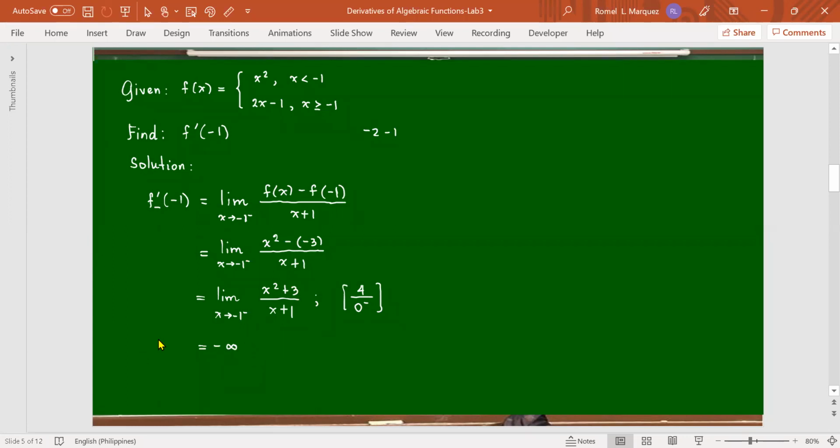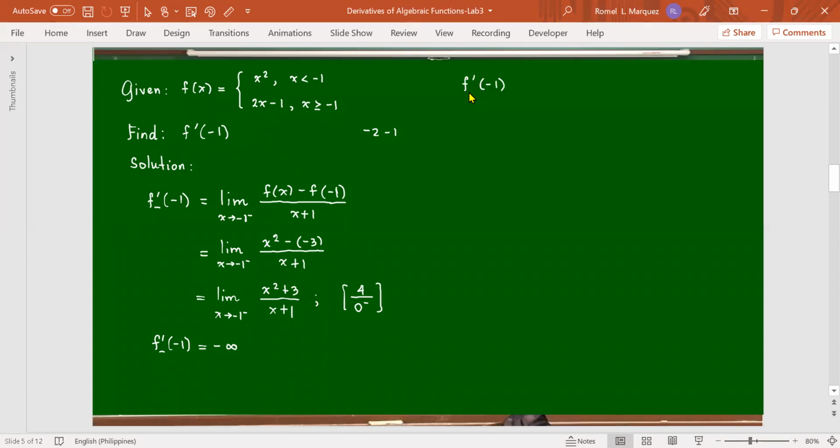Negative infinity. So the derivative of f at x equals negative 1 from the left is negative infinity. Since the limit from the left does not exist, automatically the derivative of f at negative 1 does not exist. So there is no need to continue, but if you want to complete your solution, you may do so.